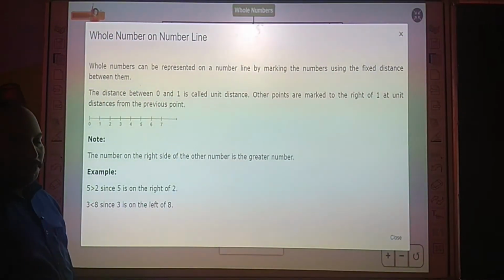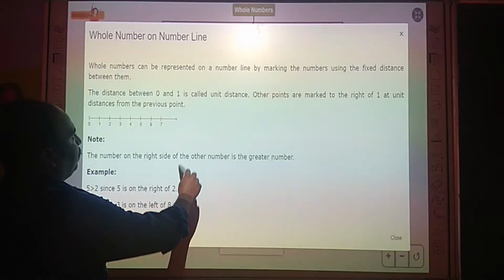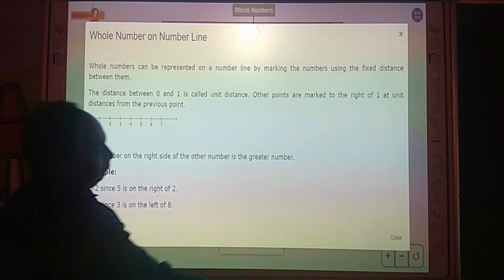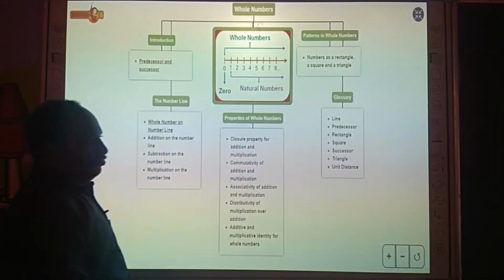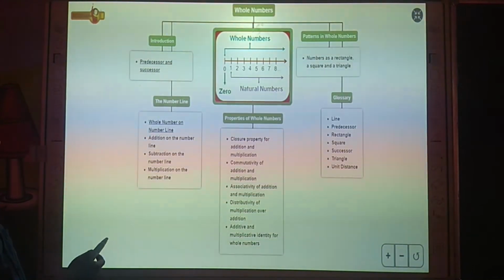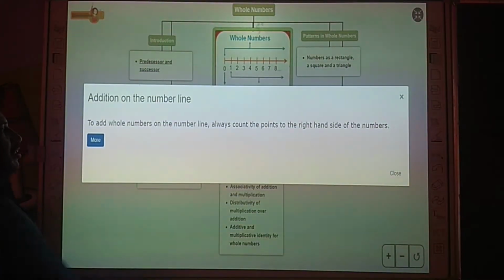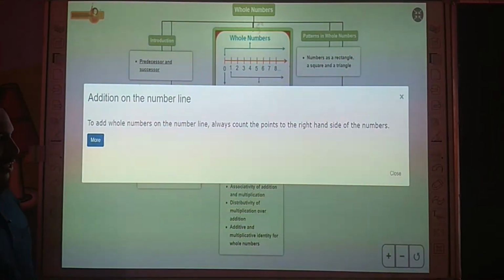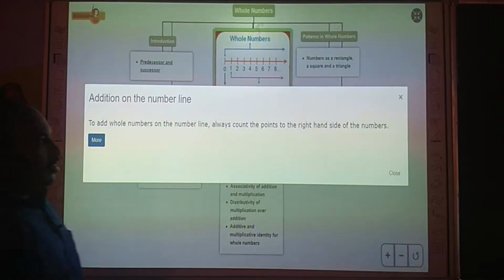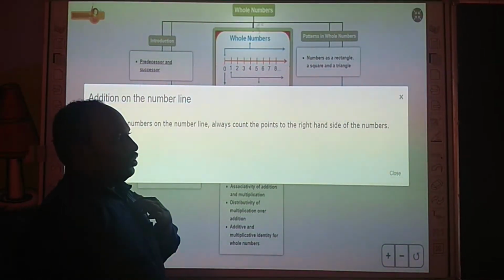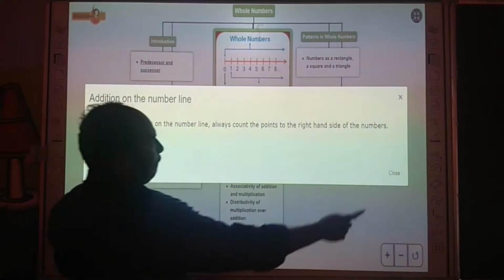This is called the number line. Addition on the number line. To add whole numbers on the number line, always count the points from left to right.